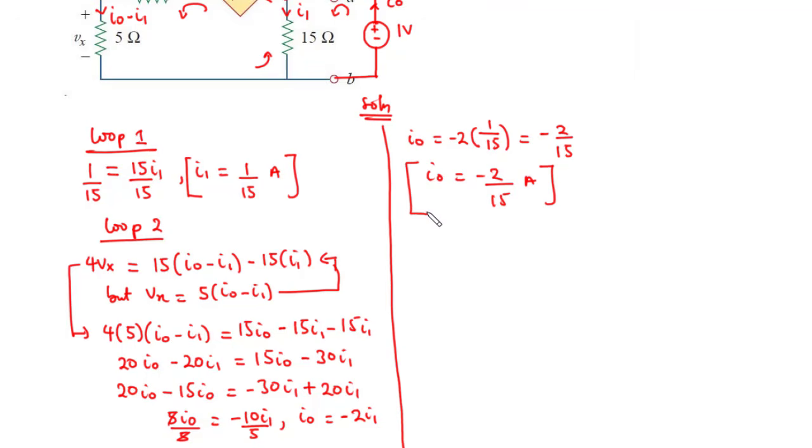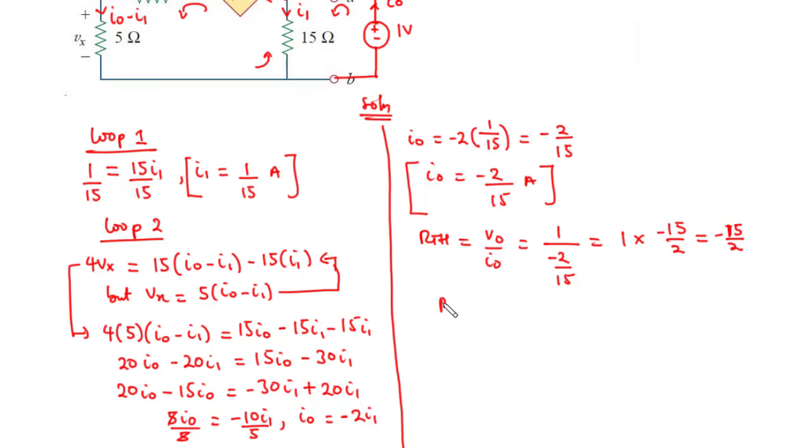Now since we have the values of V0 and then I0, we can find RTH. So we have RTH to be equal to V0 over I0. We have V0 to be 1 divided by I0, negative 2 over 15, and that is equal to 1 times the reciprocal of this, so negative 15 over 2.